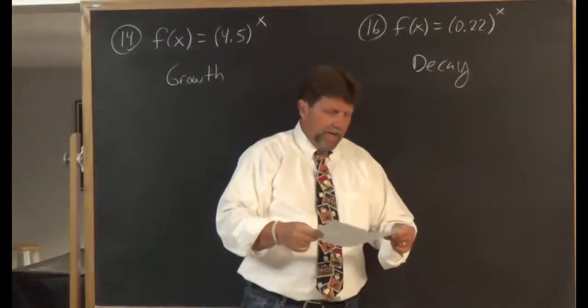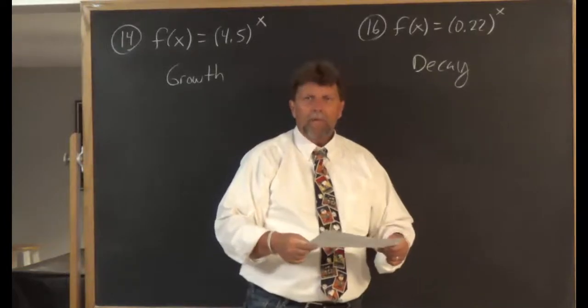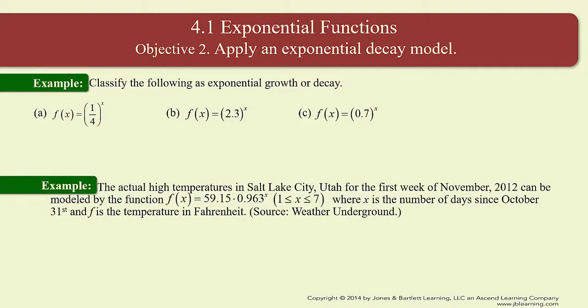So why don't we head back to the slide and look at one quick application. After looking at this example, we saw part A here was an exponential decay function. Part B was an exponential growth function, and part C was an exponential decay function. Let's now look at an example where we do an application.